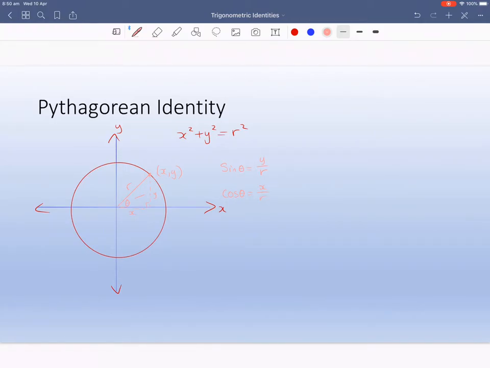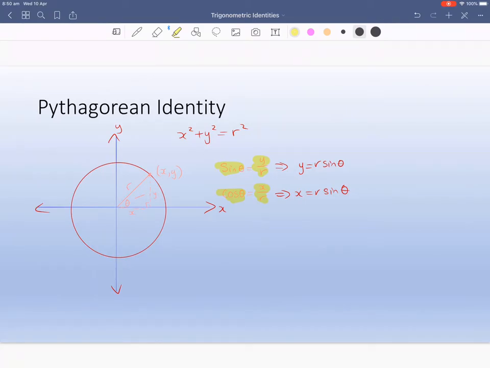So what I can do is actually make an identity with this. Clearly I can see that y equals r sine theta, and x equals r cos theta. So there's this identity that I can use, and I'm going to use it to prove this Pythagorean identity. I don't like that highlighter, so we're going to use this one.